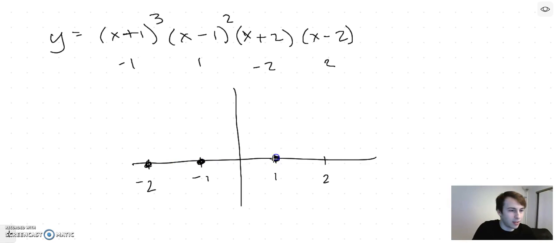Now let's look at each of the factors. Well, this x plus 1 to the third, this is an odd factor. So that means that at negative 1, at the 0 there, it's going through. So it's either going through like this or like this. At positive 1, this is an even factor. It has an even exponent. So it's either doubling back like this or like this.